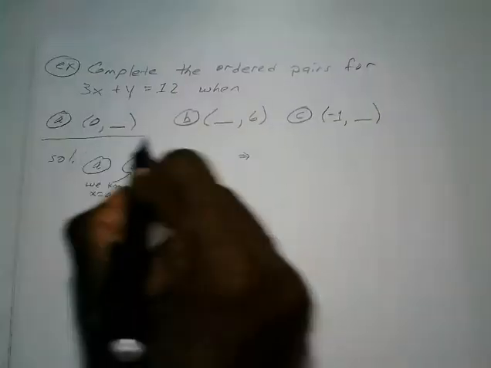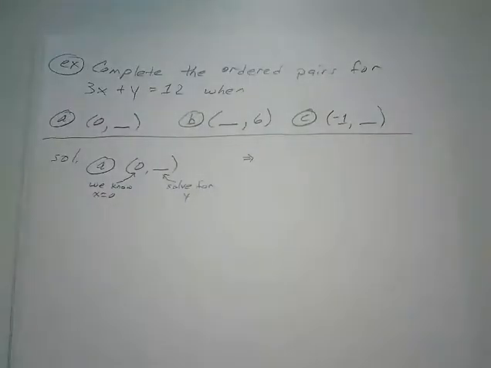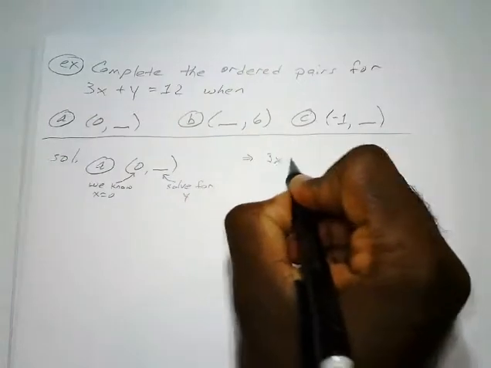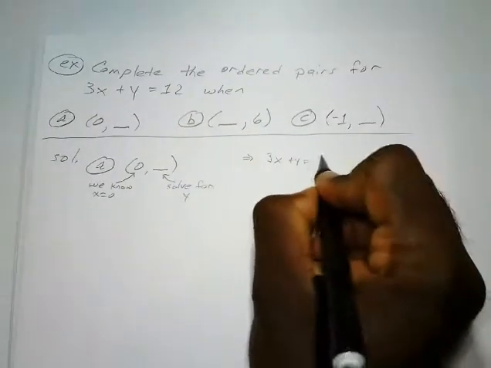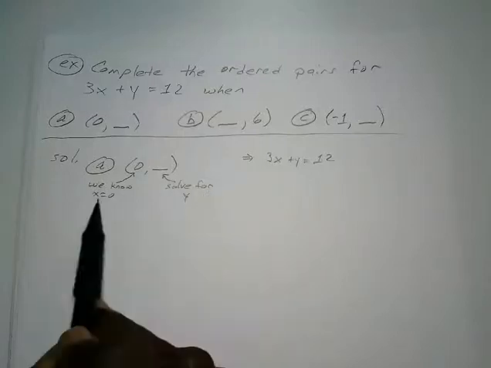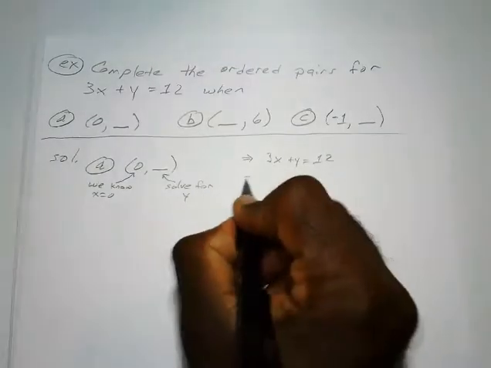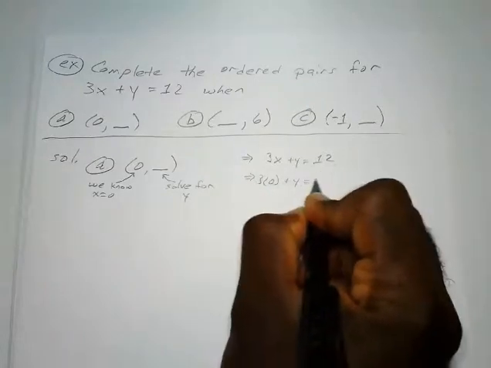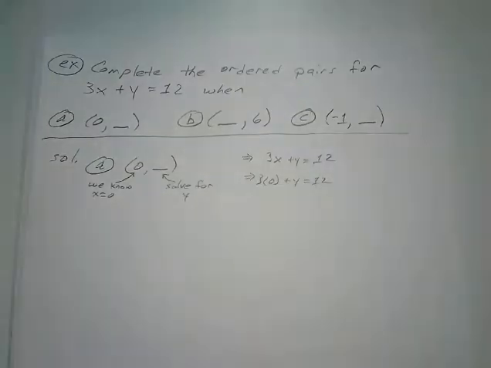Let me separate this a little bit. Okay. So if we have 3x plus y equals 12, and we know that x is equal to 0, that's 3 times 0 plus y equals 12.